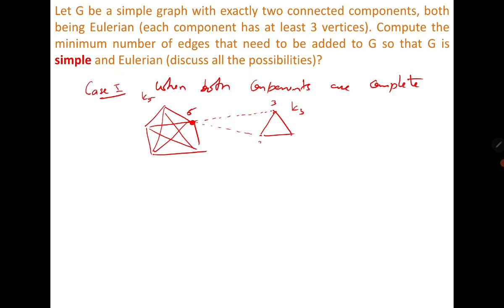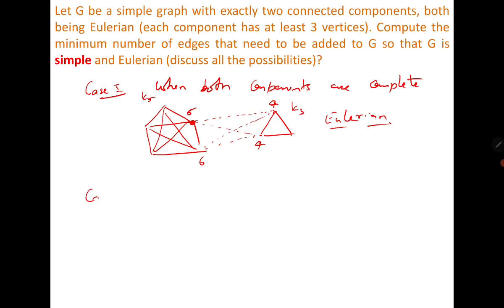This is 3 and this is 3. So to make it Eulerian, all the vertices should have even degree. So I can again connect them. And this would become 6, this becomes 4 and this becomes 4. And you can see that all the vertices have even degree. Therefore, the graph is Eulerian.